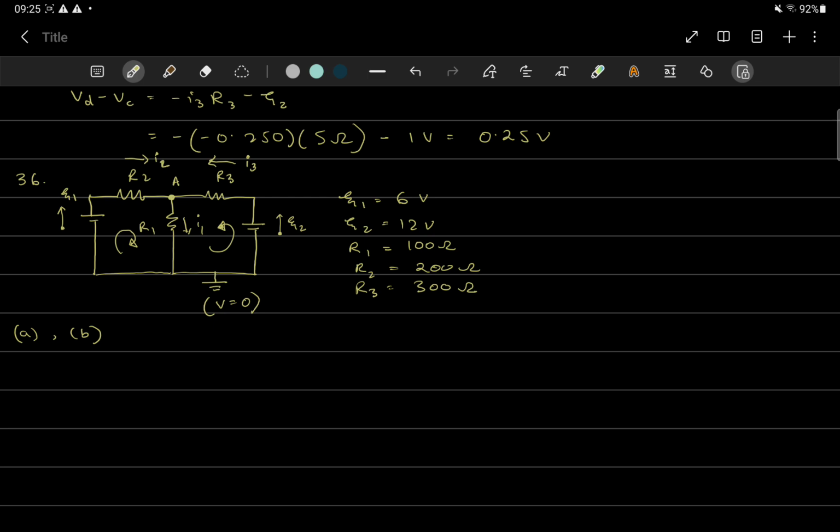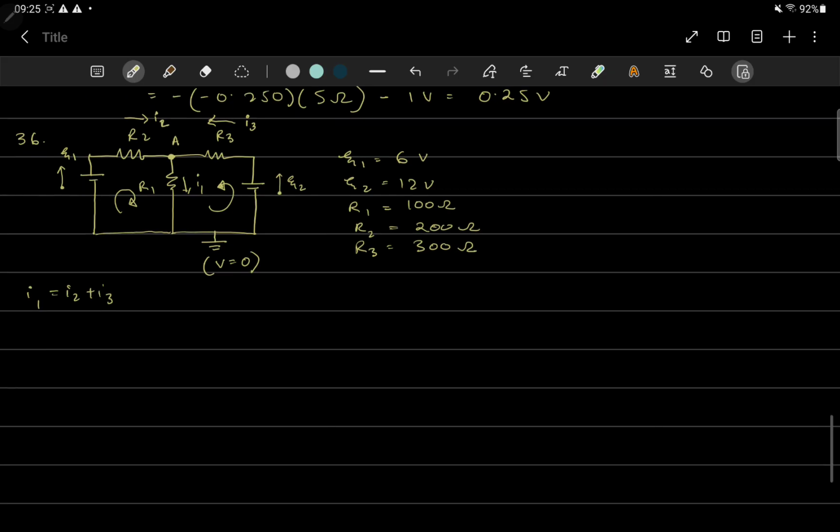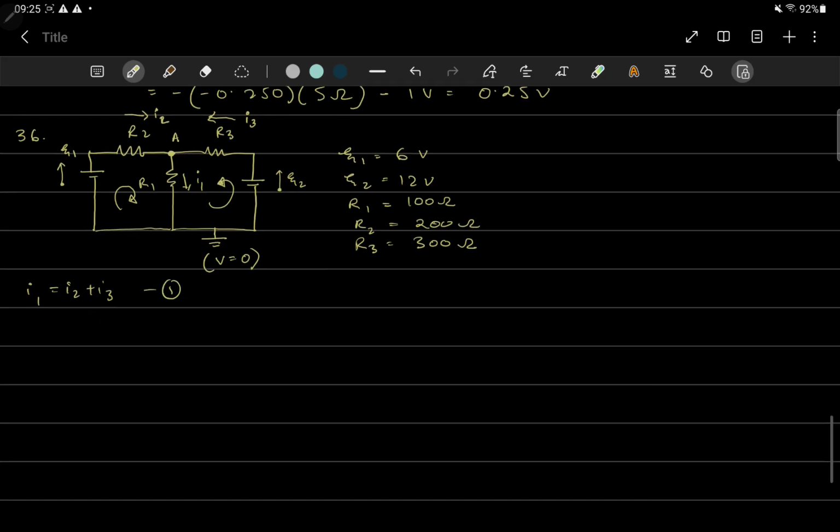So it's okay if we are assuming something at first. Okay, so now considering that the currents are in this direction, I can write I1, which is the outgoing current over here from node A, as equal to I2 plus I3, because I2 and I3 are ingoing through the loop. So this is equation 1.